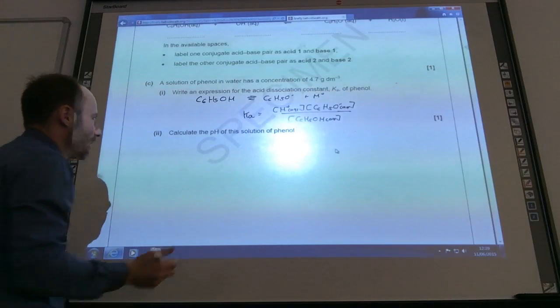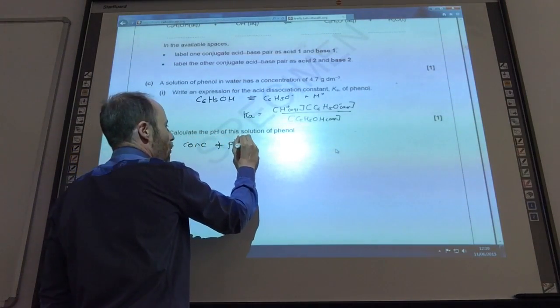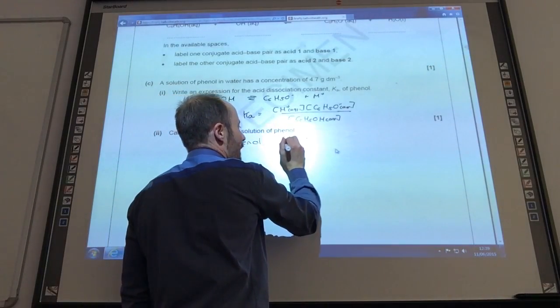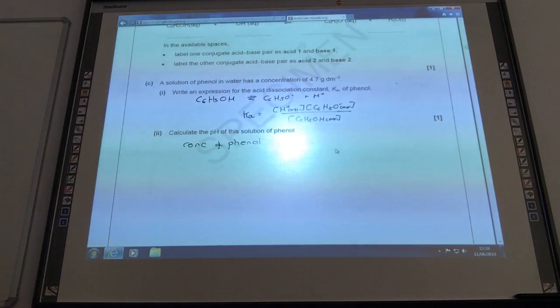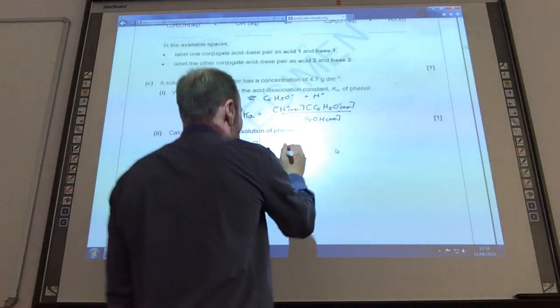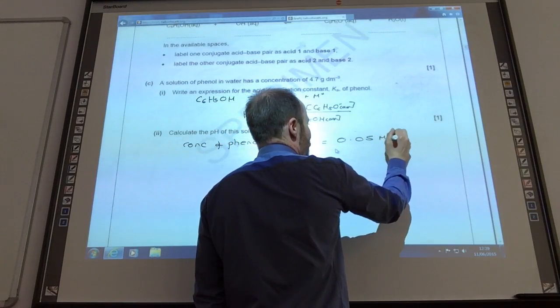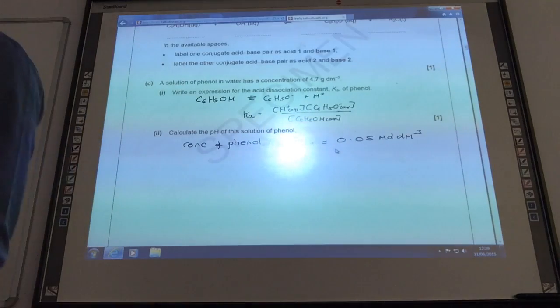That ain't no good, so I want the concentration of phenol in moles per decimeter cube. So it's going to be 4.7 divided by the molar mass of phenol. If you can't add all that up, that gives you 94. So that equals 0.05 moles per decimeter cubed, first of all.